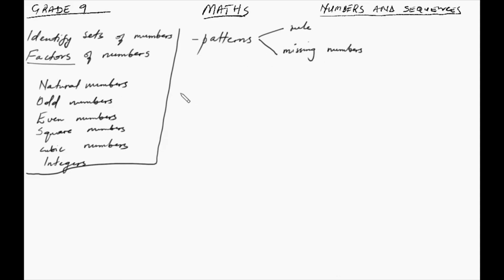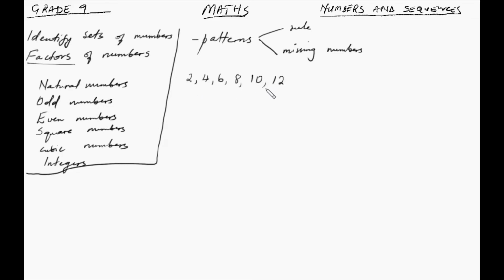Let's say you want to list the first six even numbers. That would be 2, 4, 6, 8, 10, 12.